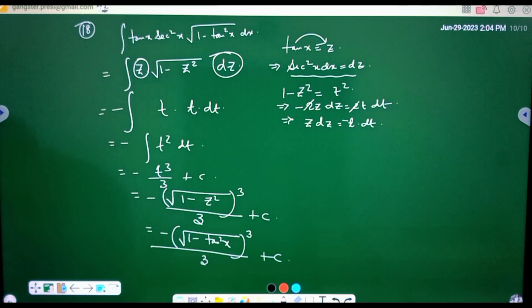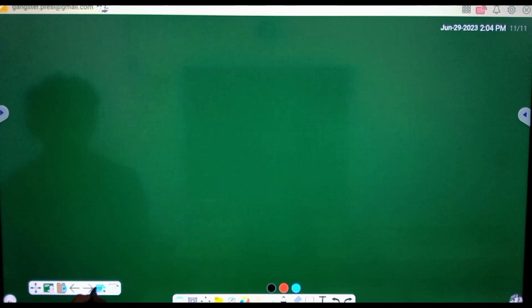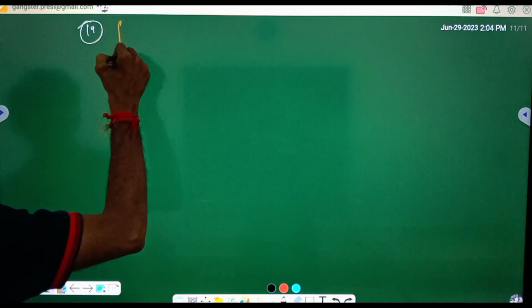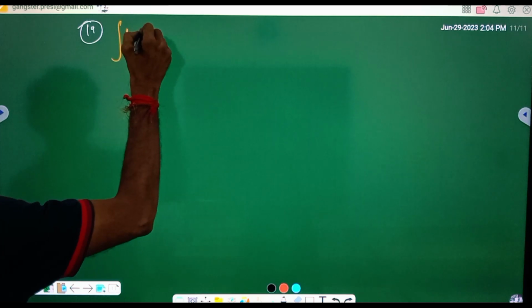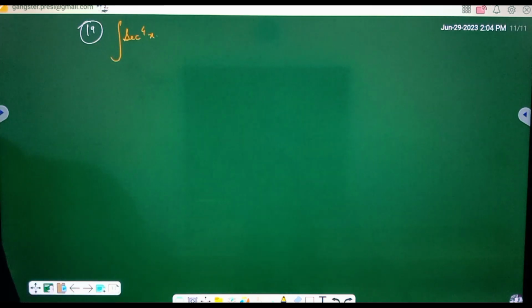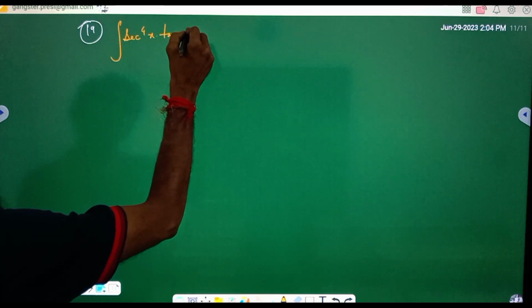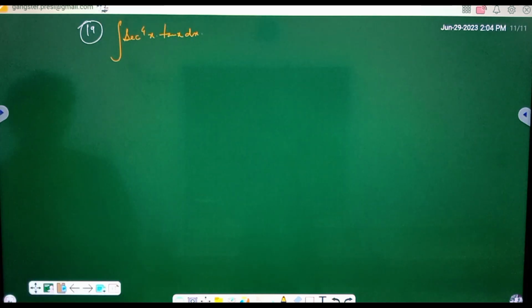Then I am going to proceed with our next problem, the 19th problem. Here it has been given as integration of sec power 4x into tan x dx. That's another problem.